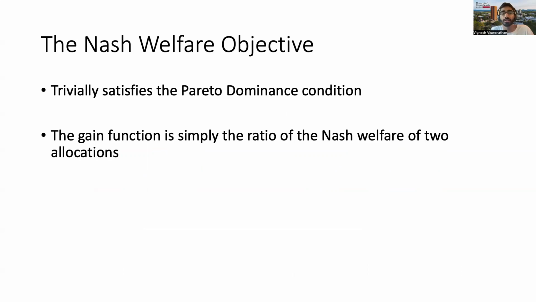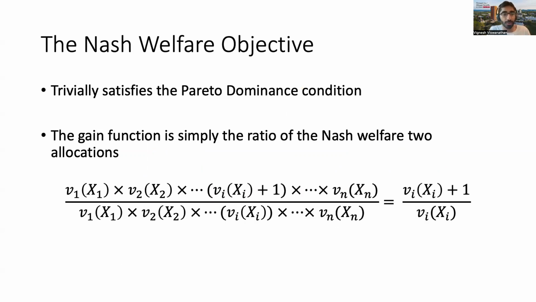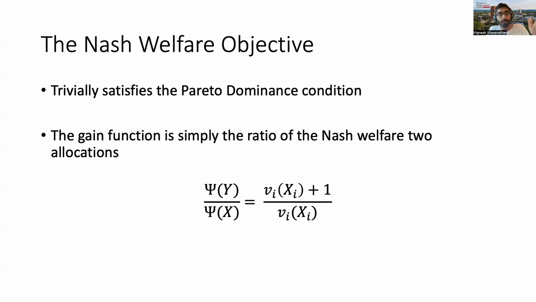The second is, if you look at the ratio of two allocations, say X and Y that we were looking at before, where the only difference between X and Y is that some agent i's utility increased by 1, then you divide the product of utilities and all the terms cancel out except i's utility, so that gives you this nice expression: psi of Y over psi of X is equal to v_i of x_i plus 1 over v_i of x_i.